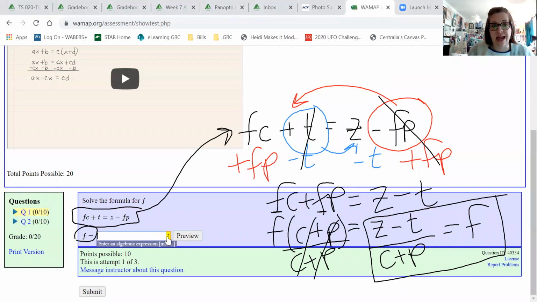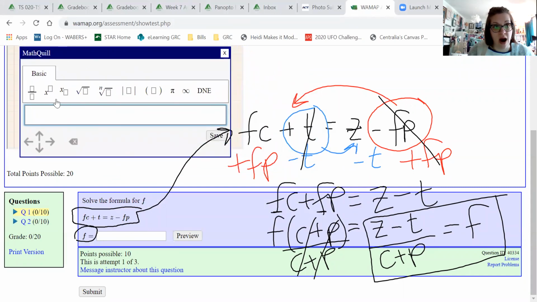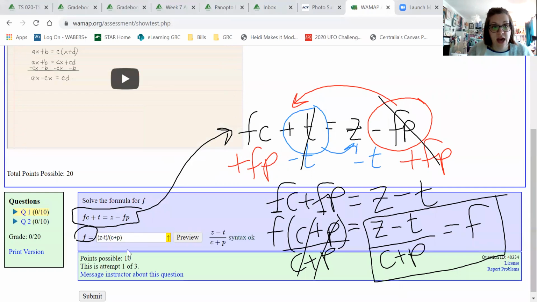Let's talk about how to enter this into WAMAP too. I'm going to pop up my little yellow arrow box here. I'm going to start by clicking the fraction button. And so then on top, I'm going to say Z minus T, and then on the bottom, I'll say C plus P. And then I'm going to click save. And so then again, you see that it enters it with parentheses and a slash.